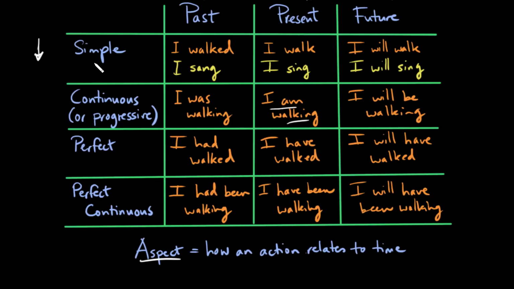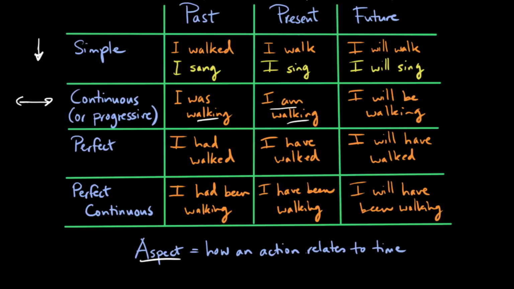Okay, then the continuous is an action that takes place over a period of time. So it's a continuing or progressing action, and it's really categorized by the present participle, which ends in ing, and then we have some helping verbs with it. And the present participle does have that sense of continuation, right? Walking. It doesn't say it happened at this moment. It's a process.